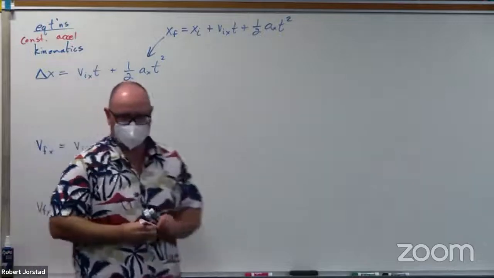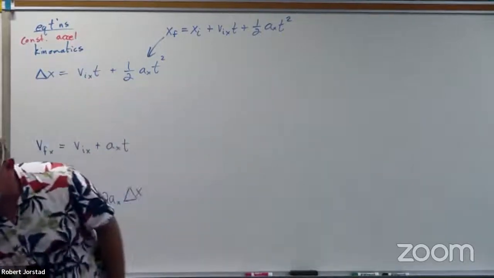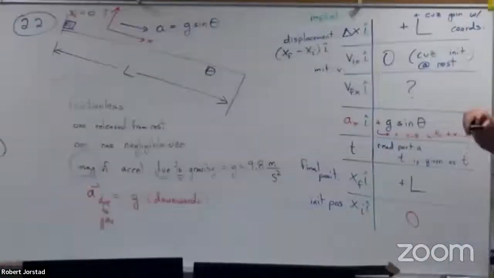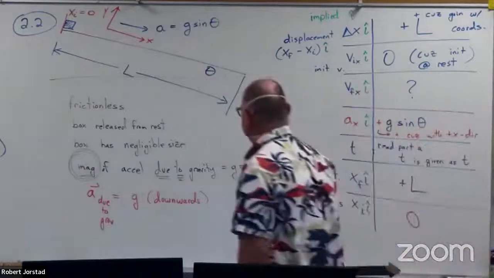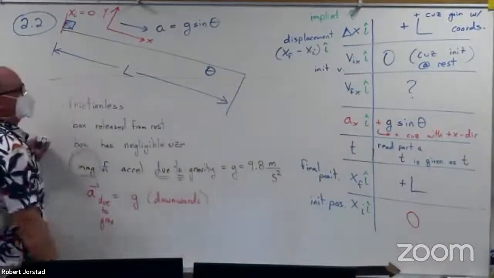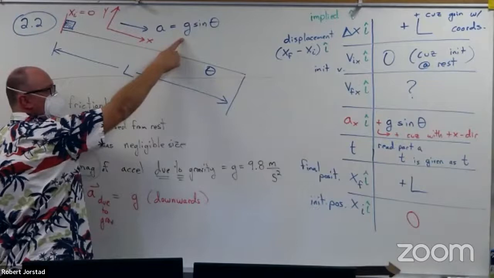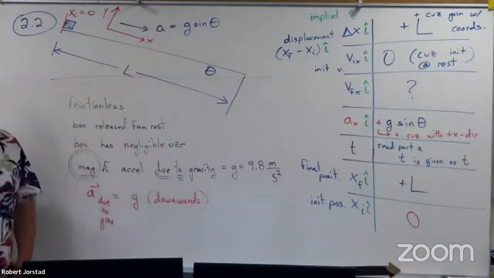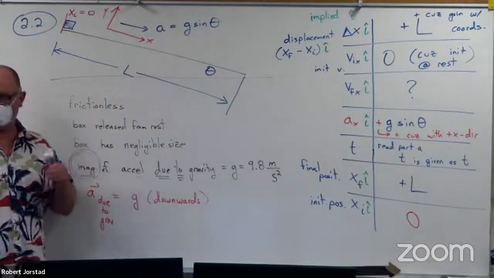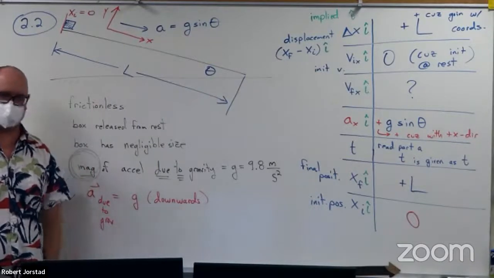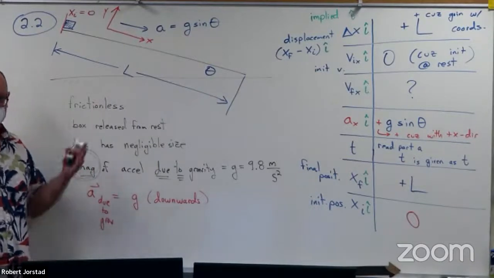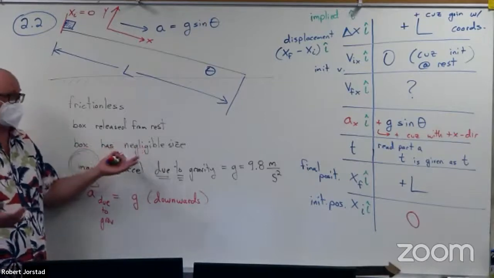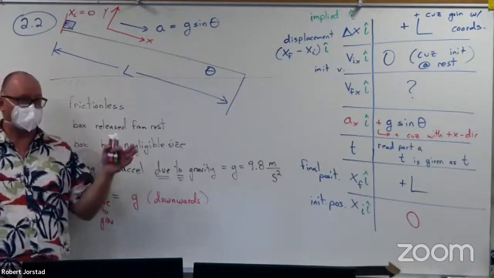Is our problem constant acceleration? Let's go back and look at it for a sec. Over here, is g a constant? Yeah, is the angle a constant? Do you think I'm changing the angle of the ramp while it moves down the ramp? No. Is that something that could be done? Sure, but that would be a much harder problem. We're not going to do that one.